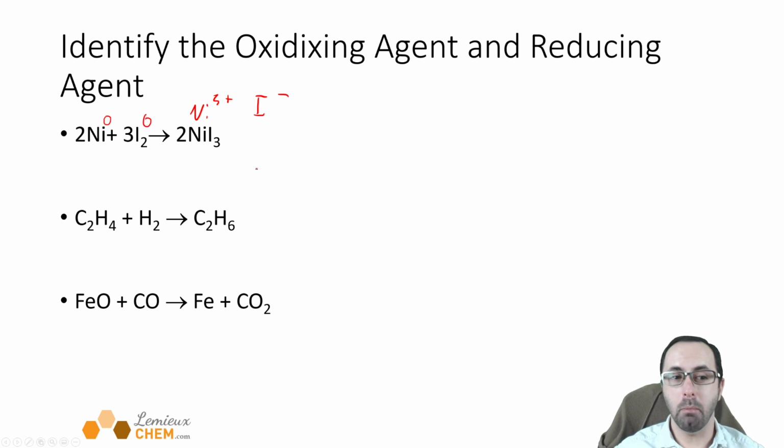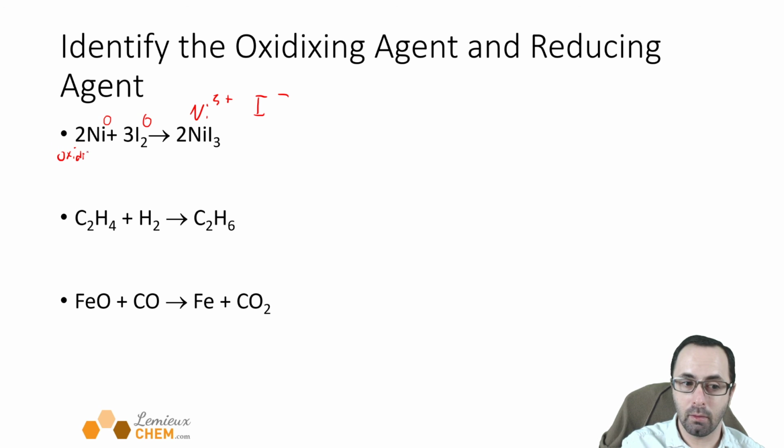Okay, so we have a metal atom becoming a metal ion. Its charge is going up, it's losing electrons, it is being oxidized. And we have a non-metal atom becoming non-metal ions, its charge is going down, it is reduced.